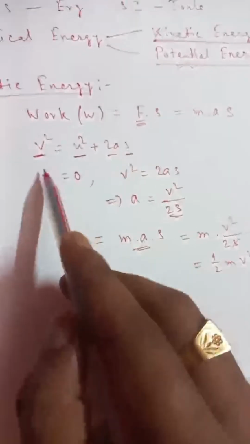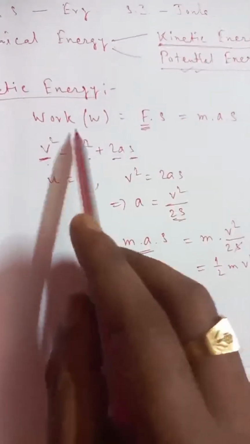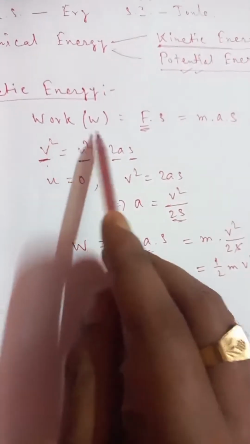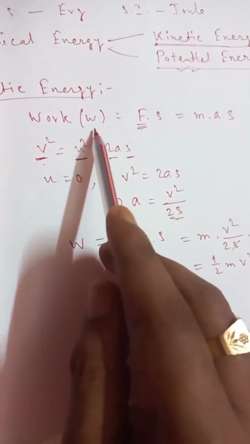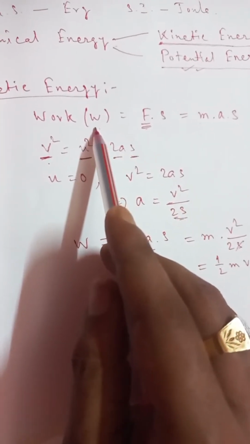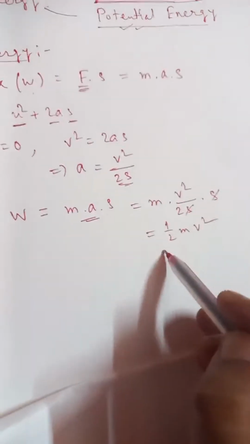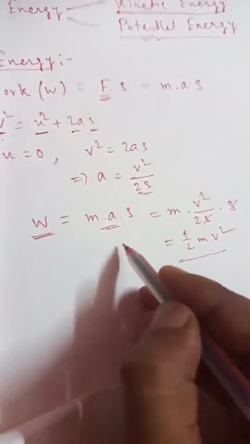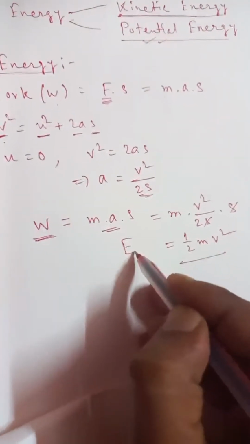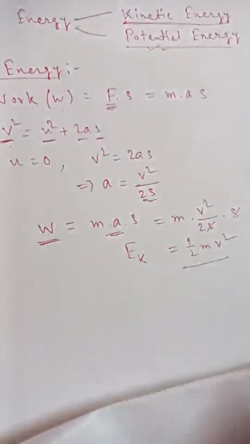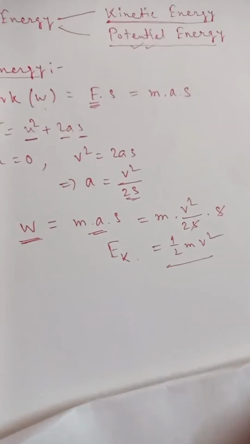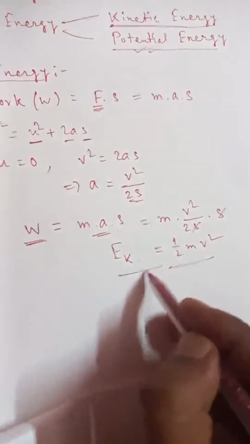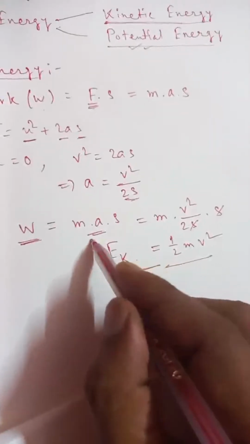So any object which has a velocity v and performs work equal to W, then its kinetic energy will be half m v square. This work is totally transformed into kinetic energy. So this is the numerical form of the kinetic energy. It is equal to half m v square.